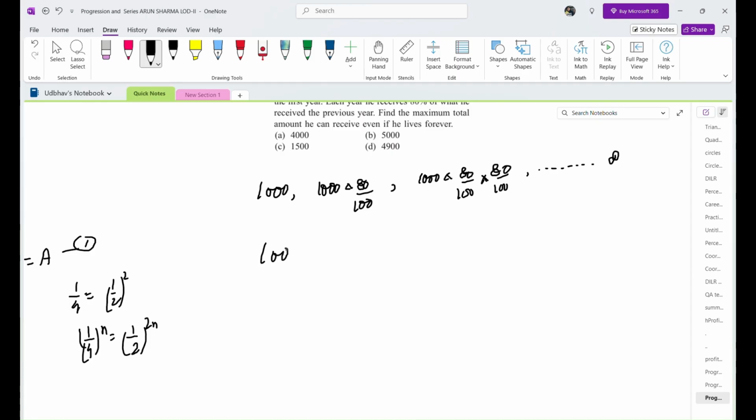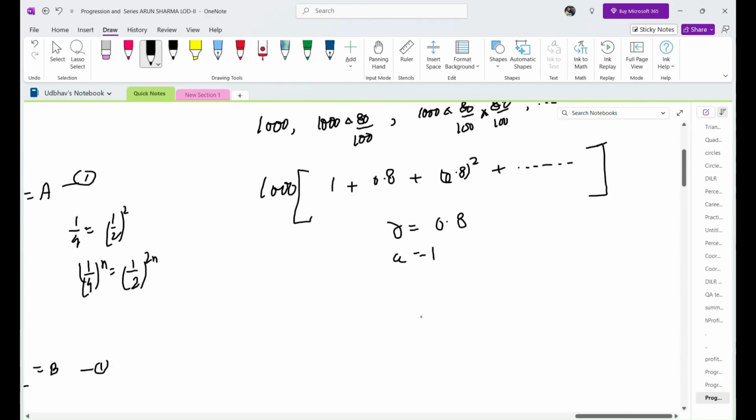We can take 1000 common and we'll get 1 plus 0.8 plus 0.8 square up till infinity. What is the common ratio? 0.8. The first term is 1.